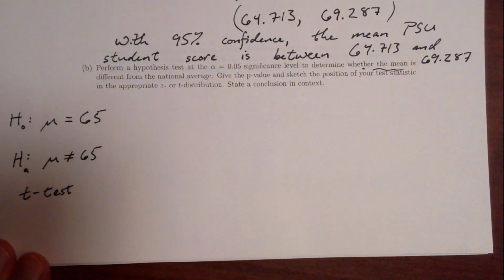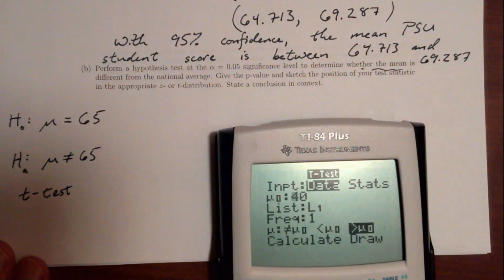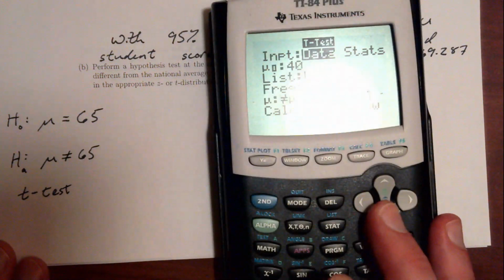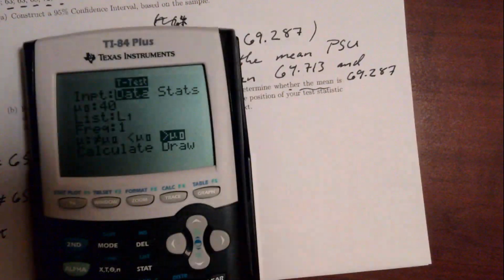Now, what are the things we need? The p-value, the position of our test statistic, and a conclusion. So, going down the items here, all very much the same, except unlike the confidence interval, we do need to state which direction we are talking about here. So, is it two-tailed? Is it left-tailed? Is it right-tailed?